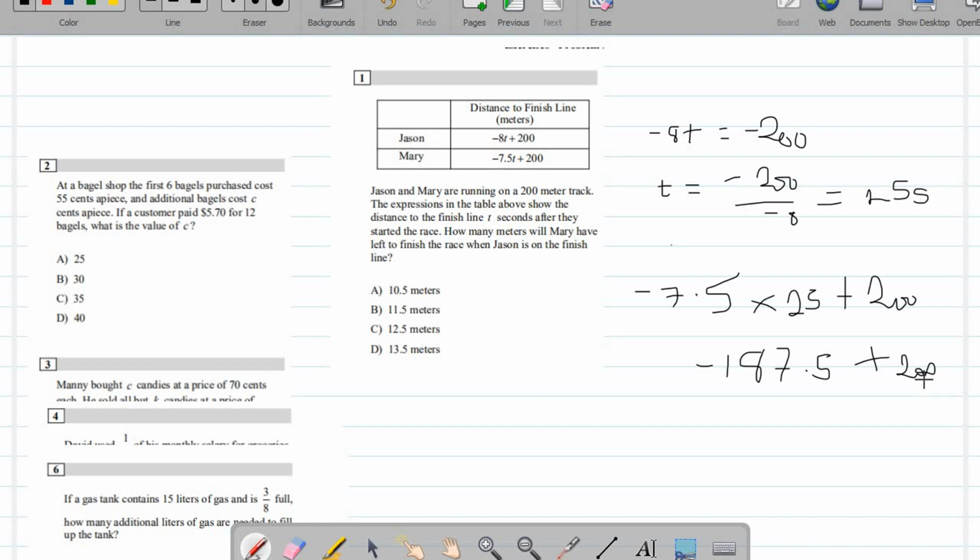It should give you 12.5. So 12.5 meters. That will be what will be left for her to finish the race. Let's move on to number 2.